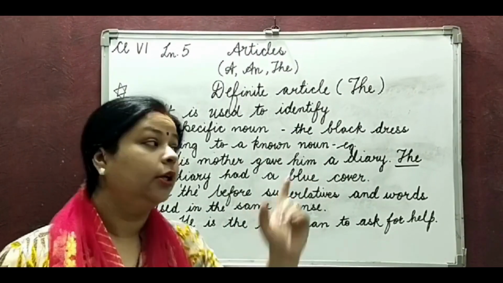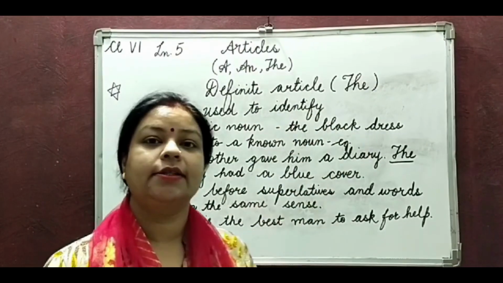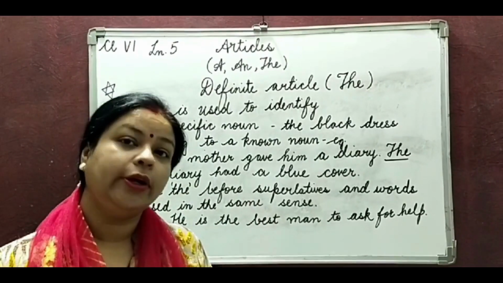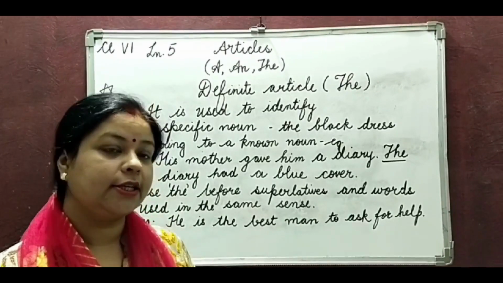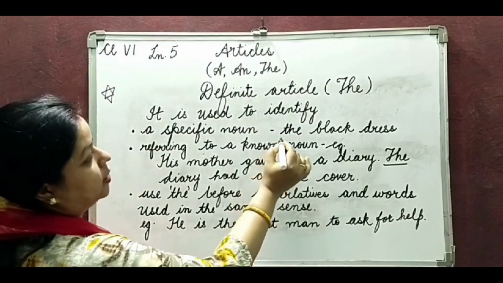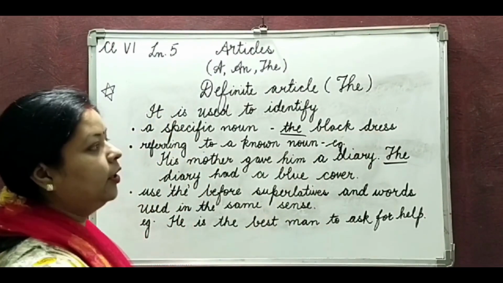Here the refers to a particular, specific dress, and she does not want any other dress. So in this sentence, the article the shows that a particular type of dress is required by the person.